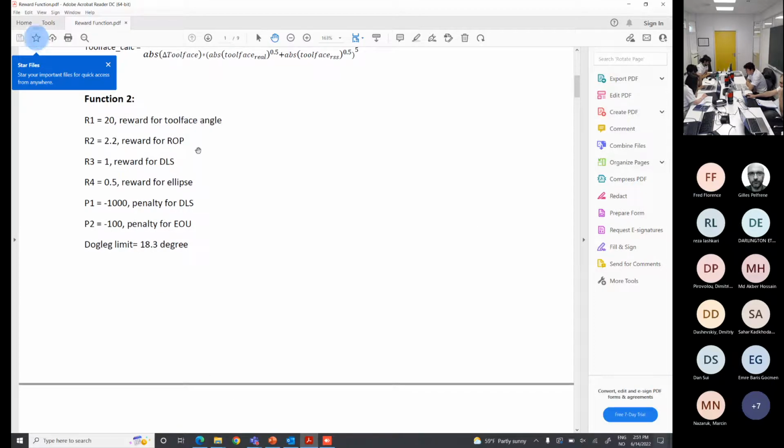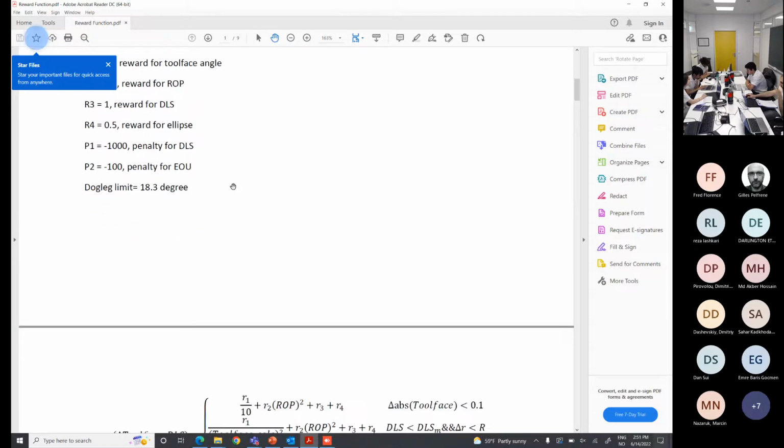This is between the points of the RSS, the simulated points, and the given PWP points. The other one is the rate of penetration. The other one is the dogleg severity. This causes a penalty also, if higher than some value. And also a reward for the ellipse.